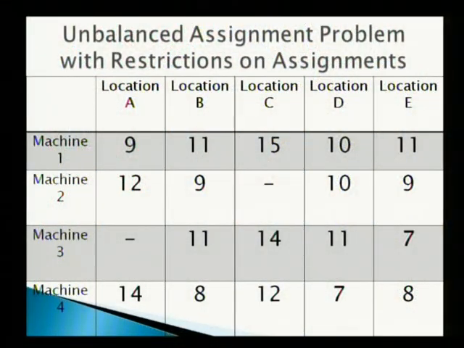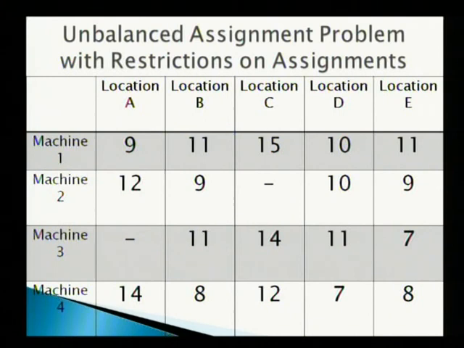Our screen data again says that the first machine, you'll have to look at the screen again, if we put it at the first location, the cost will be 9 units, say. If the first machine is put in the second location, the cost is 11 units, and so on. Similarly, other machines are there.